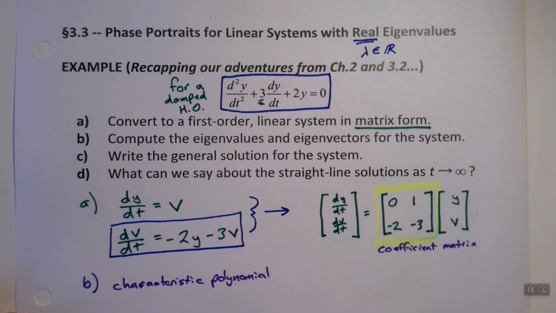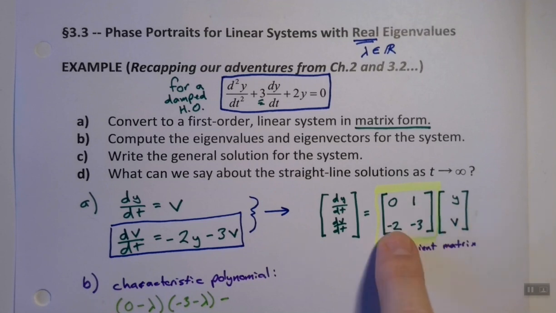And the characteristic polynomial, if you remember, involves taking a look at my coefficient matrix and coming up with a determinant with a minus lambda in these two diagonals. So it's going to be 0 minus lambda times negative 3 minus lambda, minus the other diagonal multiplied together.